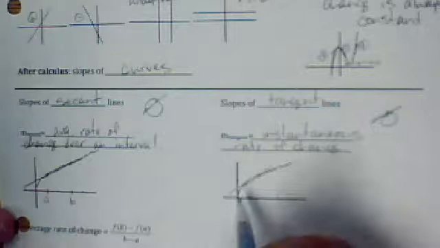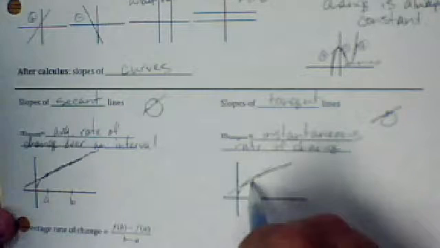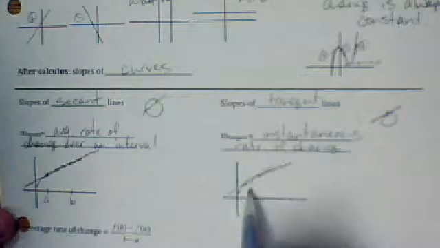Okay, so at A right there, at that exact instant, what is the slope of that curve? And we would have to use calculus to do so. So that's coming. That's coming for you guys next year.